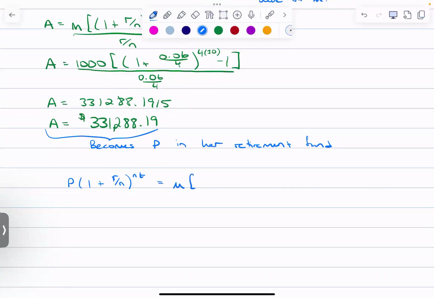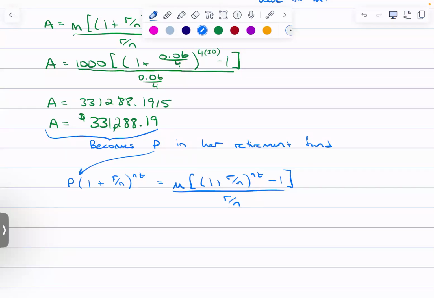It is M times 1 plus R over N to the N times T minus 1, over R over N. Right, and so here we want to solve for M.